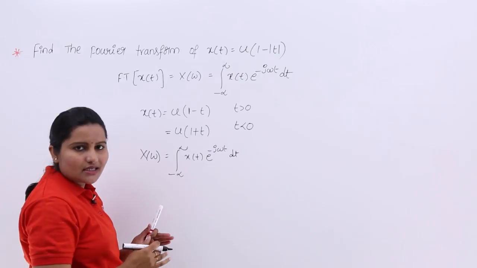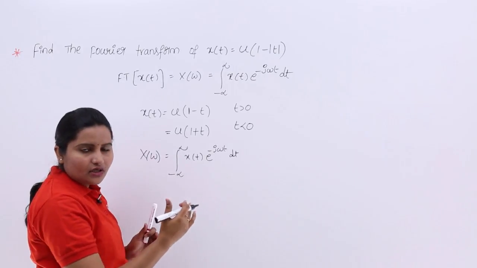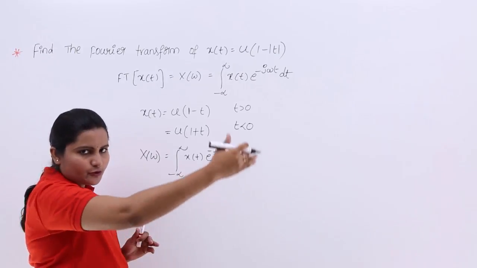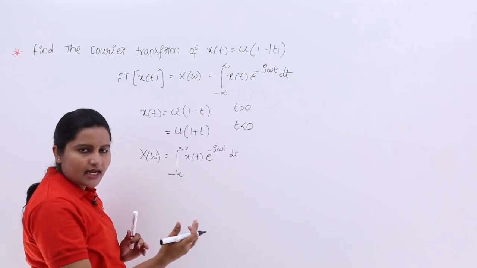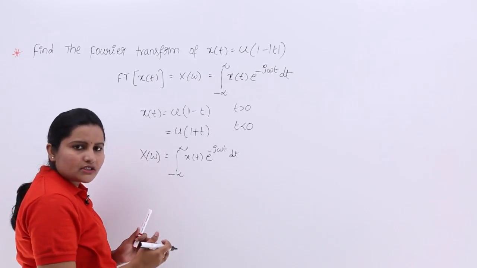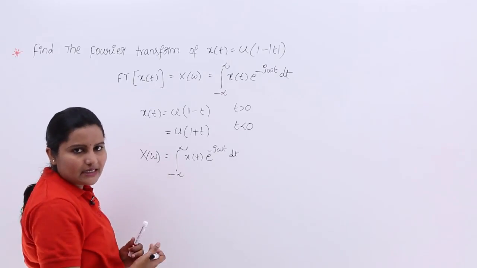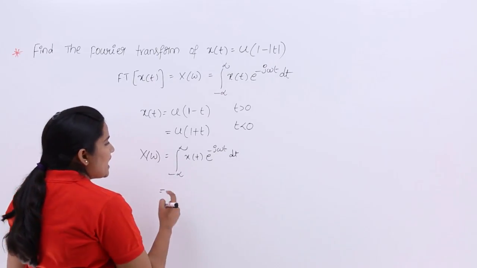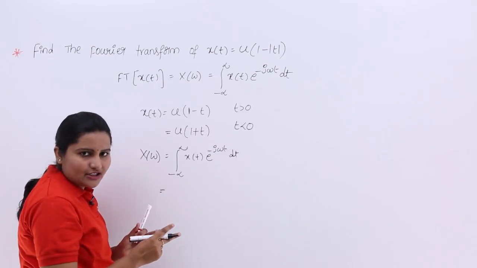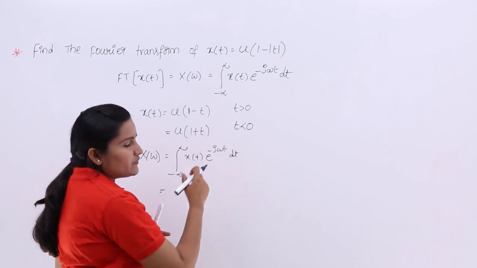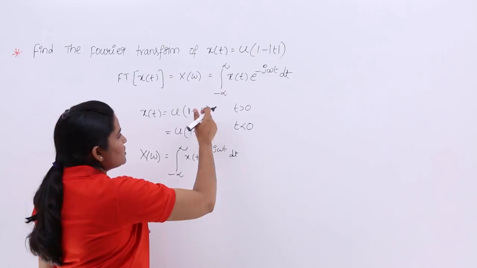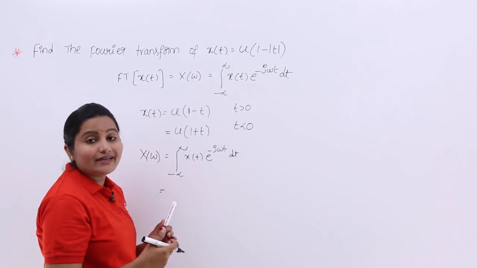One is t less than 0, the other is t greater than 0. t greater than 0 means up to plus infinity, and t less than 0 means up to minus infinity, where the condition will be satisfied. That is why I am splitting it into two integrals, one to satisfy t less than 0 and another to satisfy t greater than 0.